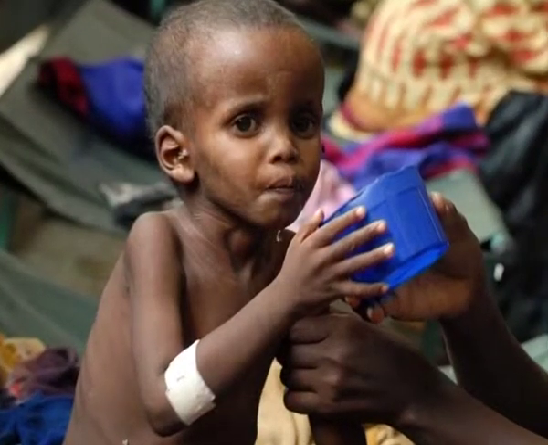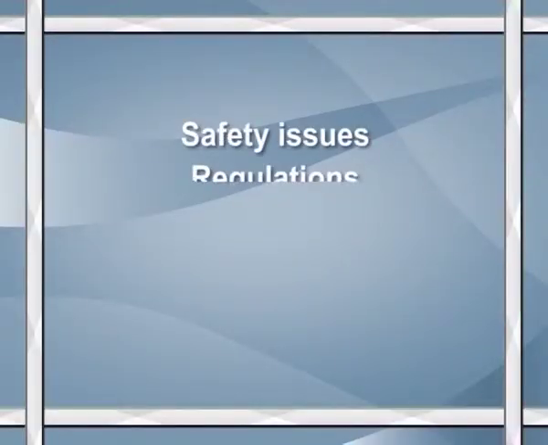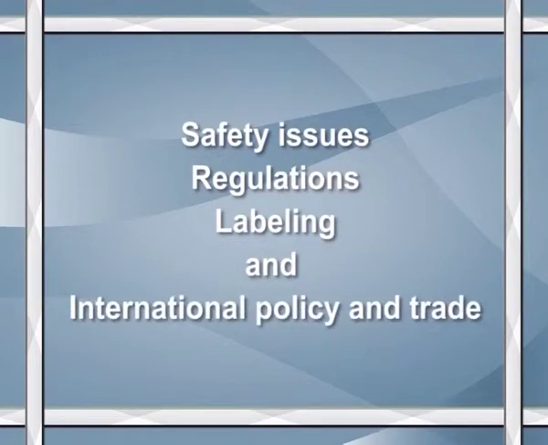Introduction. GM foods developed through genetic engineering have the potential to address the prevailing world hunger and malnutrition problems. At the same time, production of GM foods presents a number of challenges with regard to safety issues, regulations, labeling and international policy and trade.